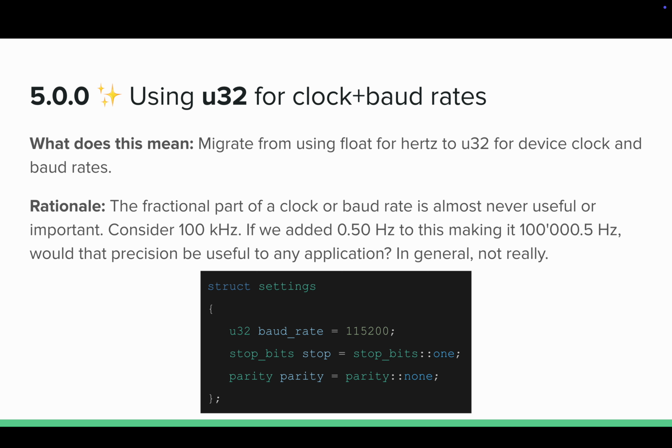Not exactly, but for the most part. So to me, the fractional part, the decimal part of the frequency is not useful. And we don't need small frequencies that are sub 2.25 or something like that. That's usually not what people ever develop or design around. So floating point doesn't give us any flexibility that we actually need. And because of that, there's no reason to pay the cost of it when we're not really using it for anything useful. So yeah, all the clock rates and baud rates will be switched over to U32.